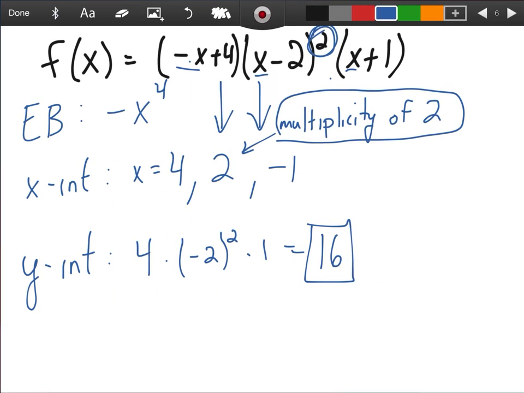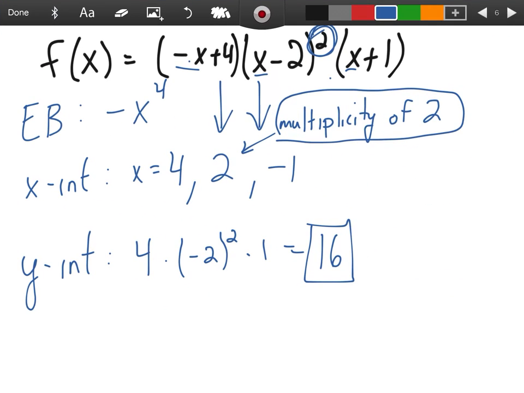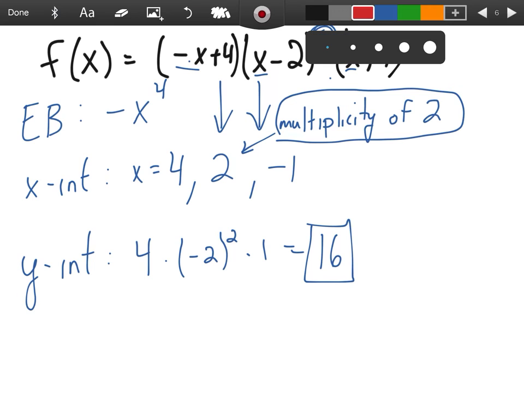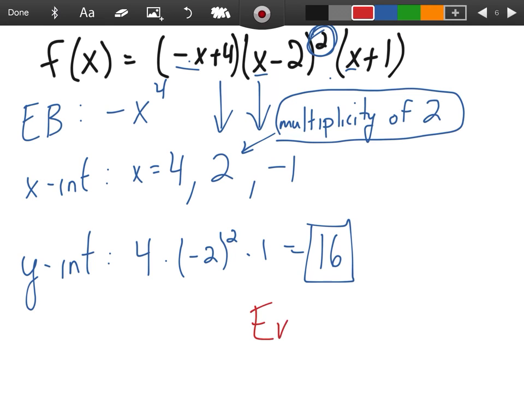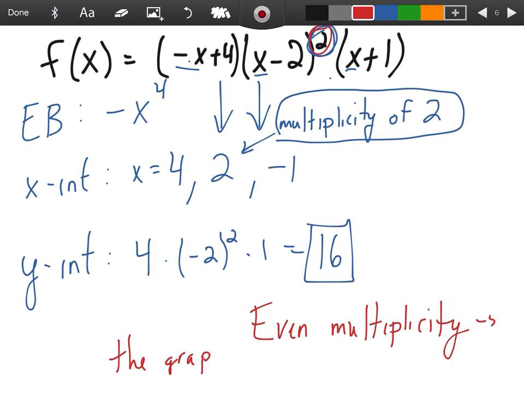So what we can conclude from this is whenever we have an even multiplicity of a 0, whenever that 0 is occurring more than one time, or an even number of times, the graph will not cross the x-axis at that point.